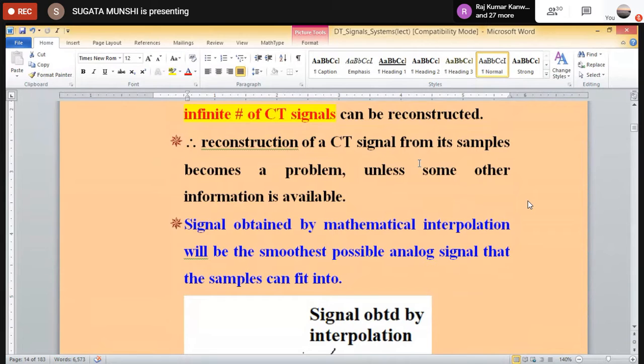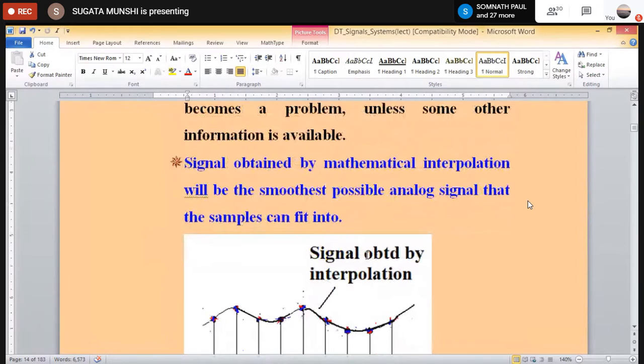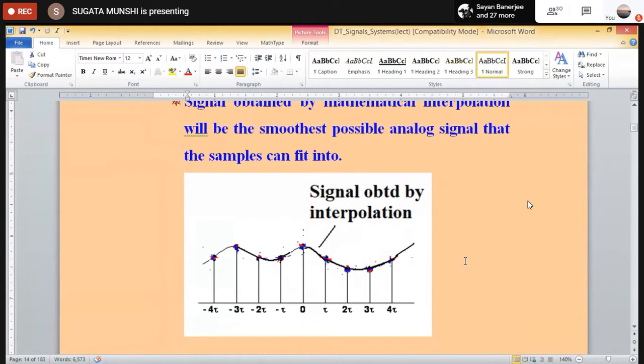CT stands for continuous time, and this hash stands for number. So that will be the signal obtained by interpolation, but it's not the only one.